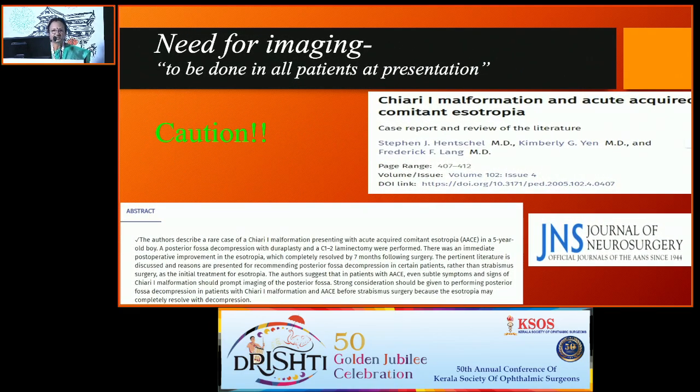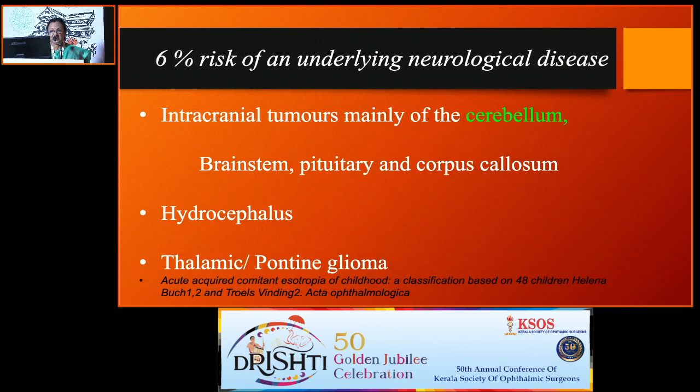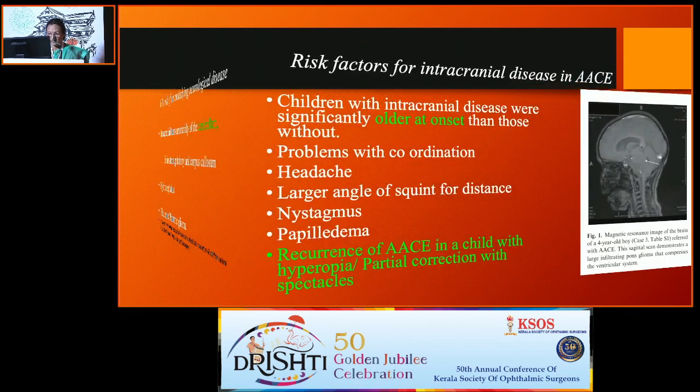All patients should have imaging done, because there is a 6% risk of an underlying neurological disease, especially intracranial tumors, mainly of the cerebellum or brainstem, pituitary; corpus callosum also was reported. You should look for evidence of hydrocephalus in imaging, and thalamic and pontine glioma.